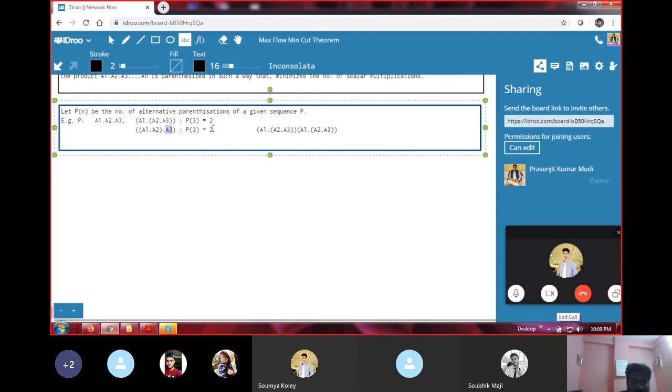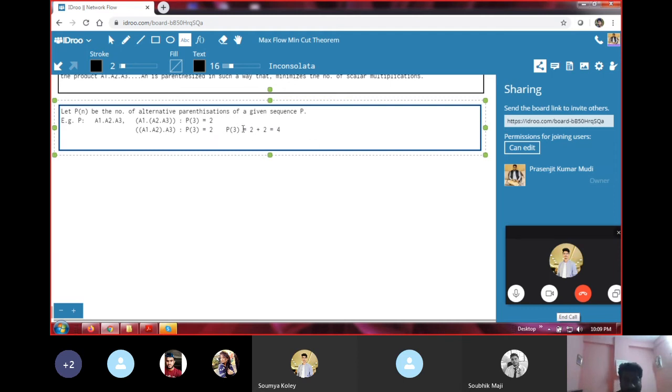We do not have any other parenthesization possible. These are the only possible parenthesizations for three matrices. So P3 becomes 2 plus 2, which is equal to 4.